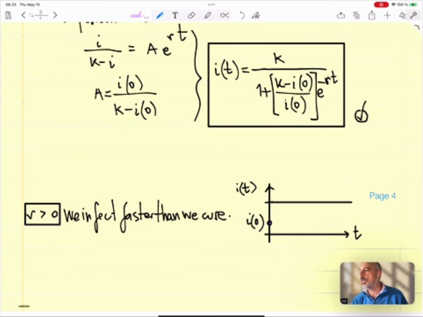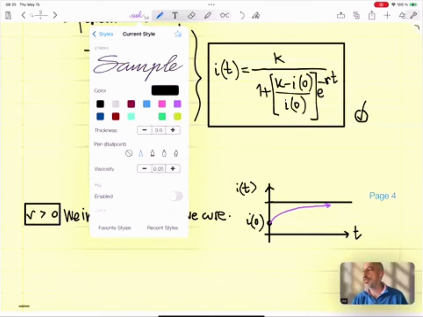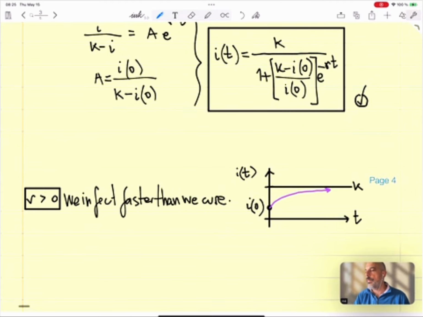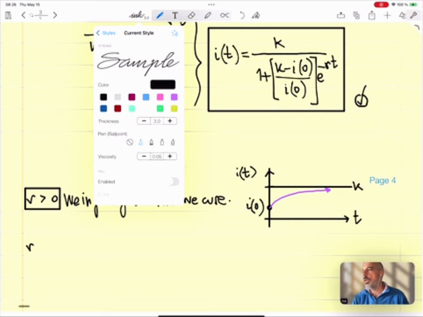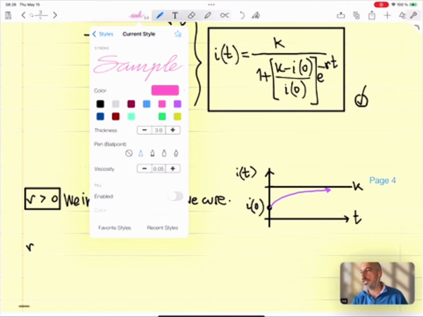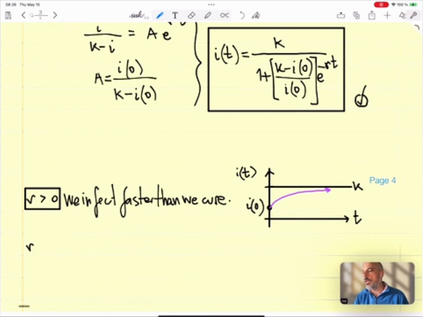So we don't kill the infection, it just gets stable. It could also behave like this, depending on the values, but asymptotically we go to the value k.